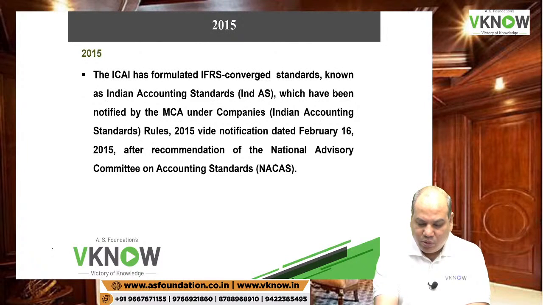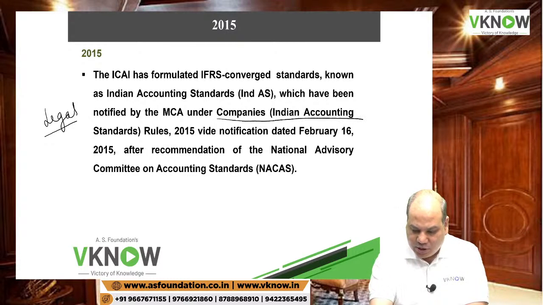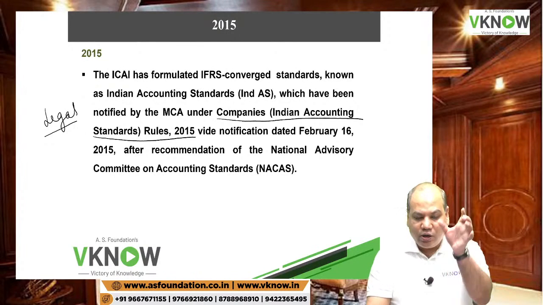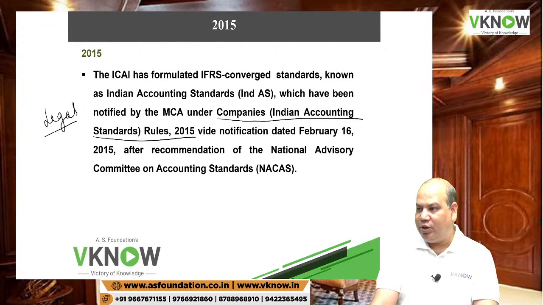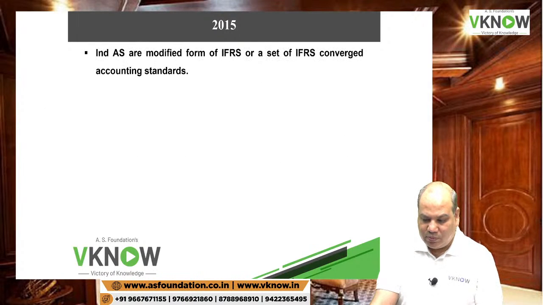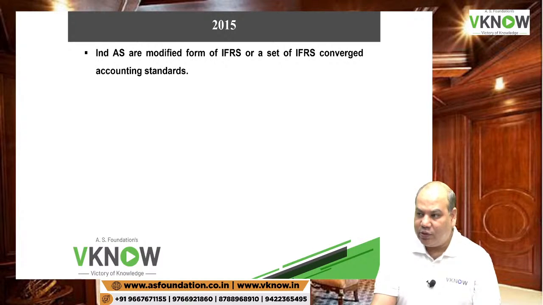That means now it has got legal backing because it is notified under the Companies (Indian Accounting Standards) Rules, and they made a list of applicability, when it will be applicable, and to whom, right? So the first thing is that Ind AS are a modified version of IFRS, or you can say a converged version of IFRS, not an adopted version of IFRS.